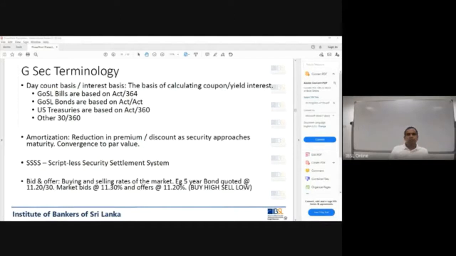Simple question. A 100 rupee FD placed for 1 month at a rate of 10%. How much will you get when this FD matures?